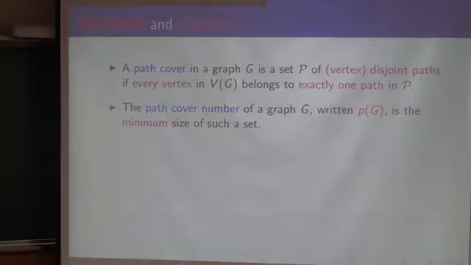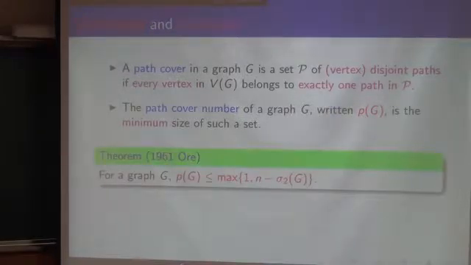There are several relationships between the Pascal number and some other graph parameters. For example, in 1961, Ore already showed that the Pascal number is at most the maximum of 1 and n minus the minimum sum of degrees of non-adjacent vertices.